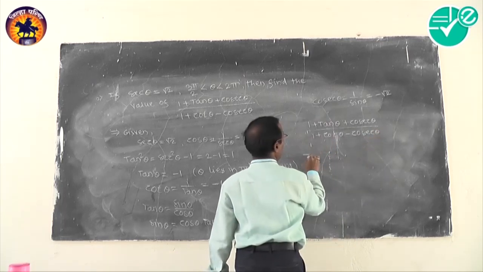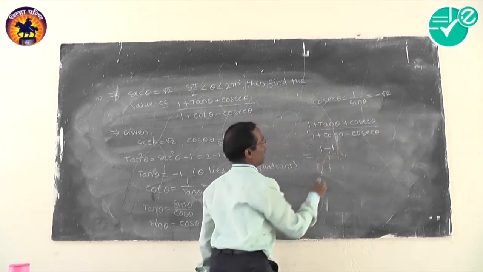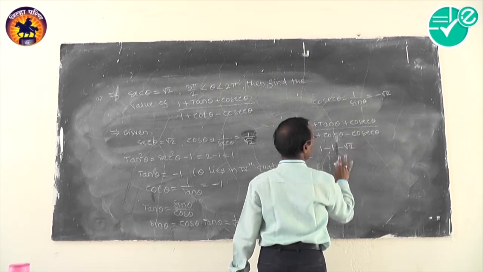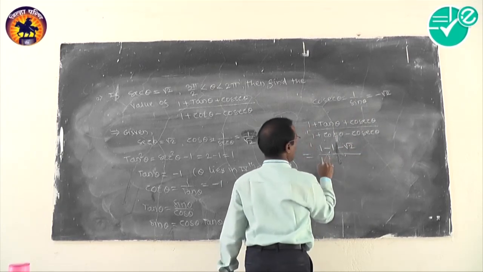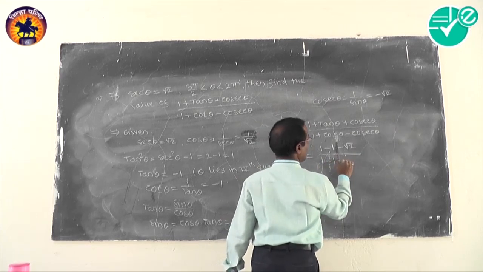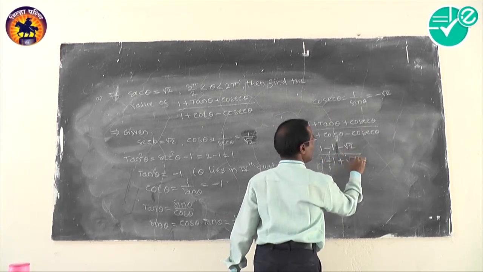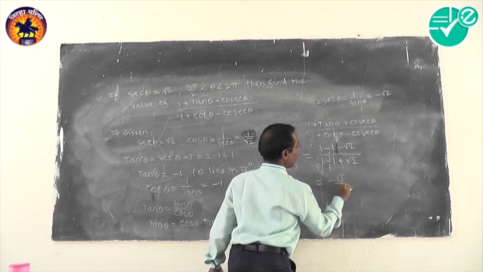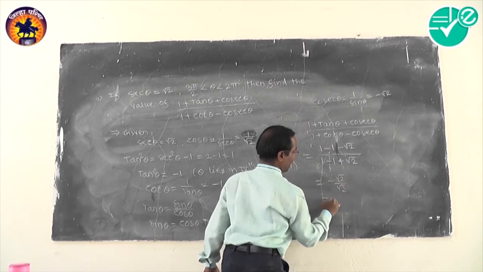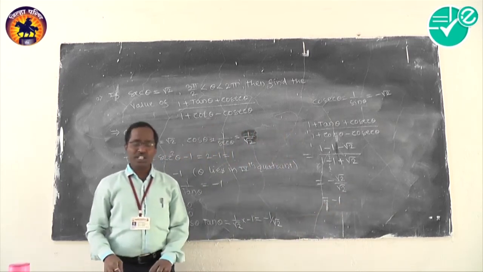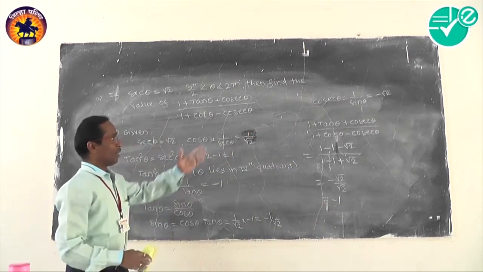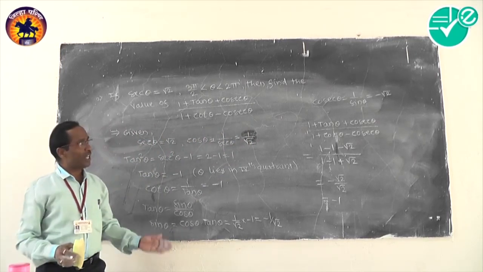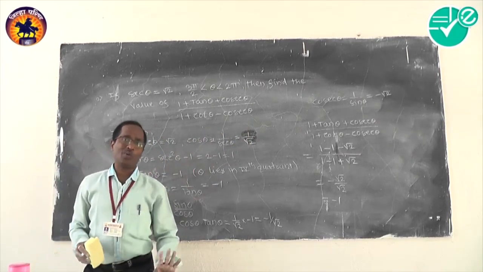The value of tan theta is minus 1, and the value of cosec theta is minus root 2, divided by 1 minus 1 minus root 2, which means plus root 2. So we get minus root 2 upon root 2, we get minus 1. So this is the value of (1 plus tan theta plus cosec theta) upon (1 plus cot theta minus cosec theta).